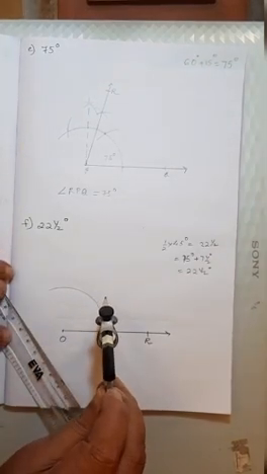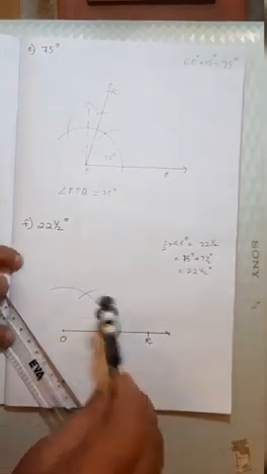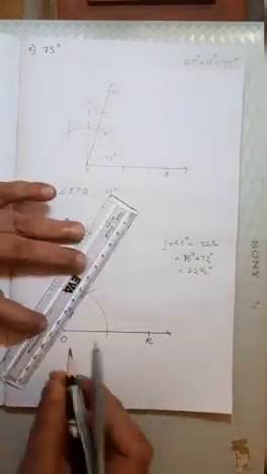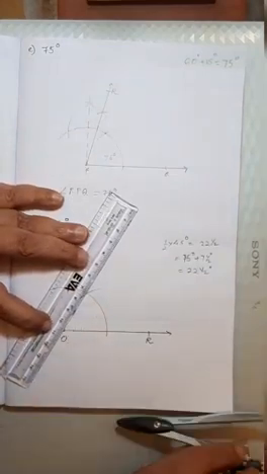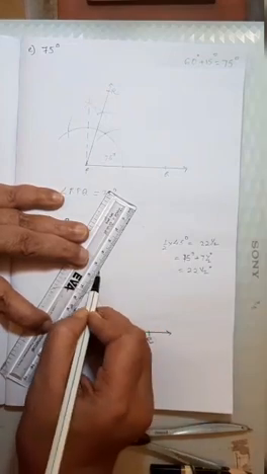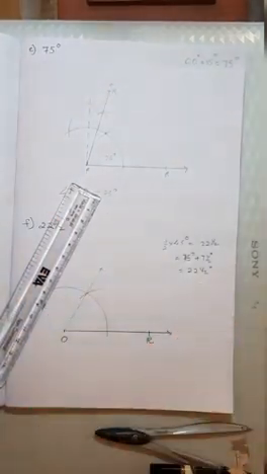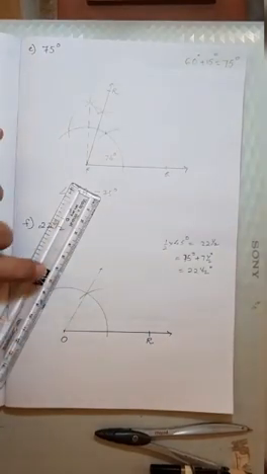From here, at the point of intersection of the ray and this arc, we get 60 degrees. You may draw, you may not draw. I am just showing in the form of a dotted line or maybe in another color. This is not the required thing, but to draw 22 and a half, you require this.